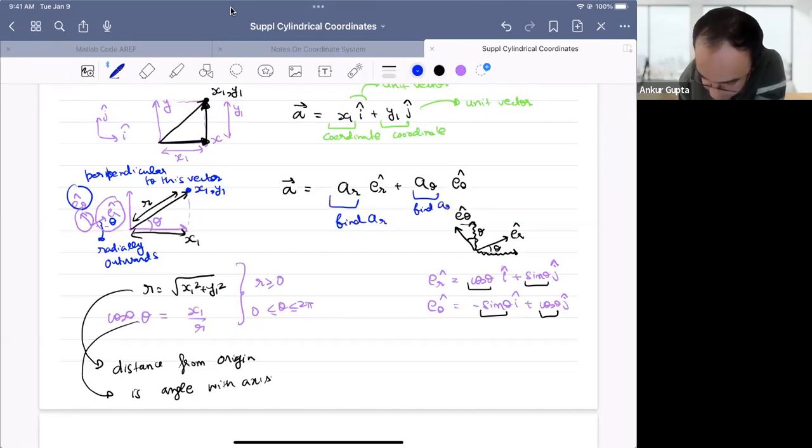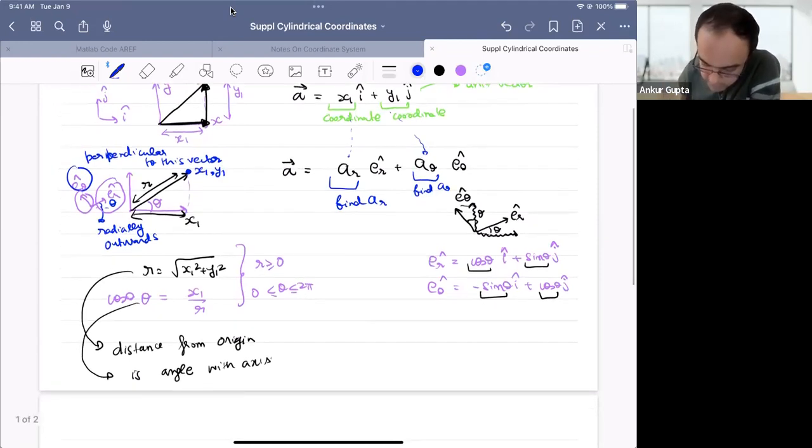You've been given that x1 and y1 are this. So you've been asked to find what are the values of A_r and A_theta. So this is a vector A, which goes from origin to point x1, y1, which we have discussed in Cartesian coordinates. Hopefully that is clear. Now I've been asked to find the value of A_r and A_theta. So now let's do that.